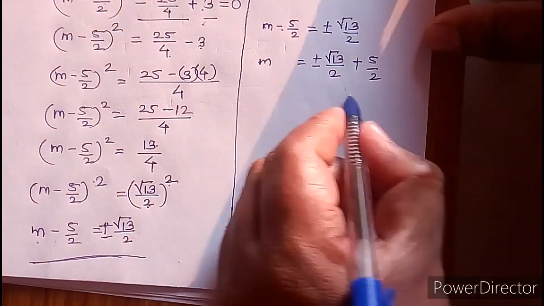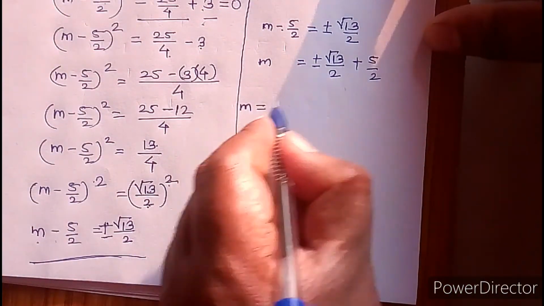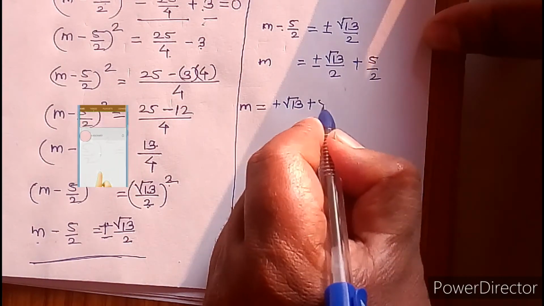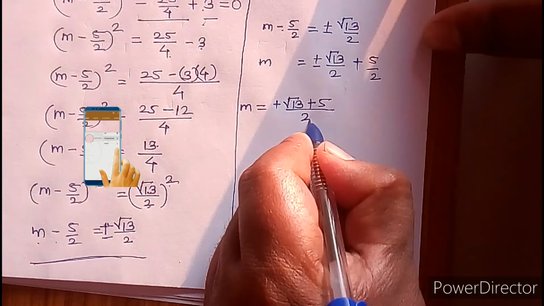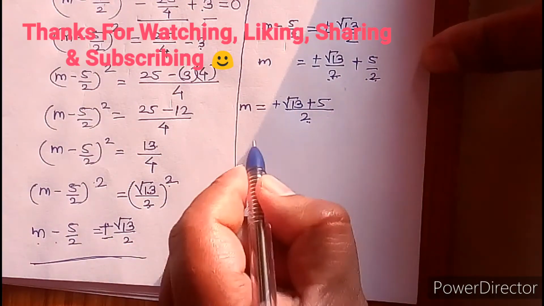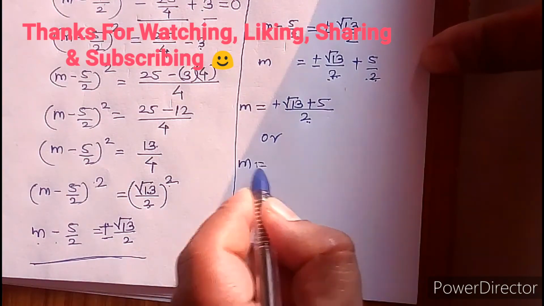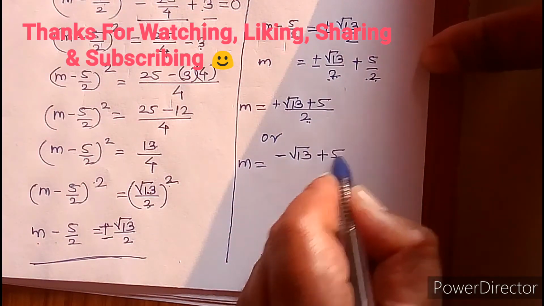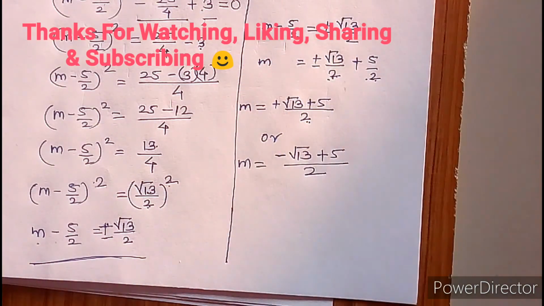Now on solving this, we get two values, that is m equals to plus root 13 plus 5 by 2. Now here the denominator is common, therefore we are taking the denominator here. Or the other value, that is m equals to minus root 13 plus 5 divided by 2. These are two values.